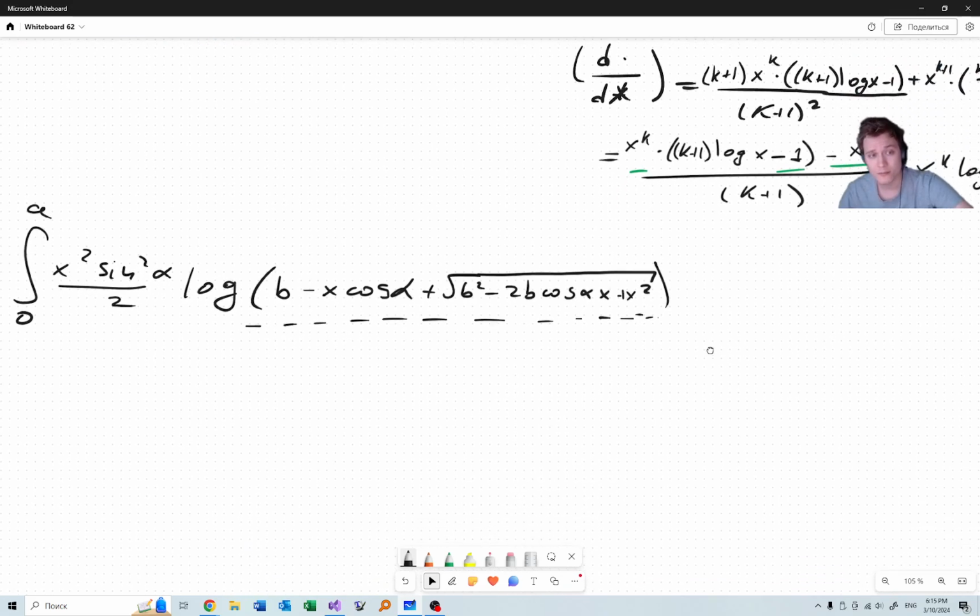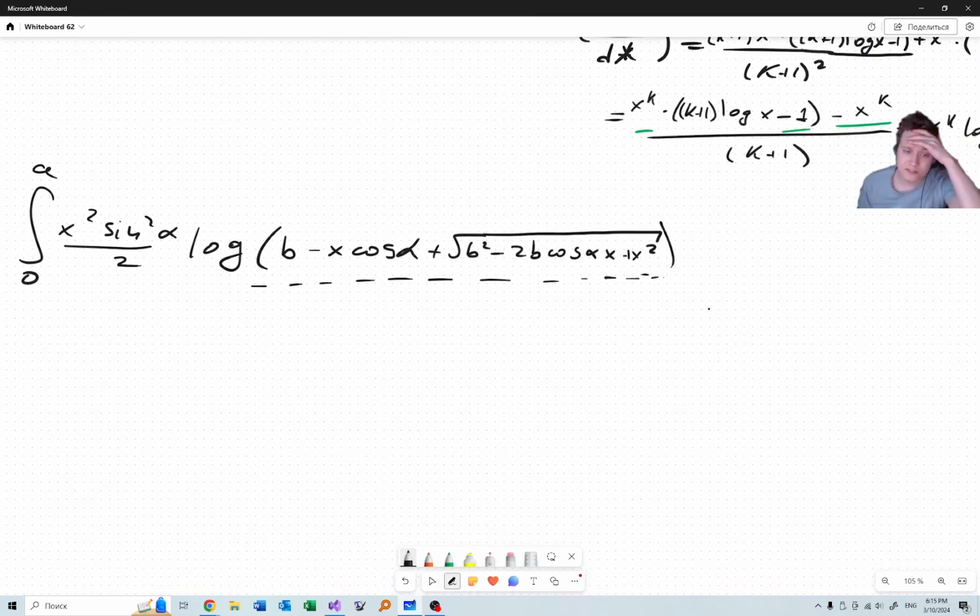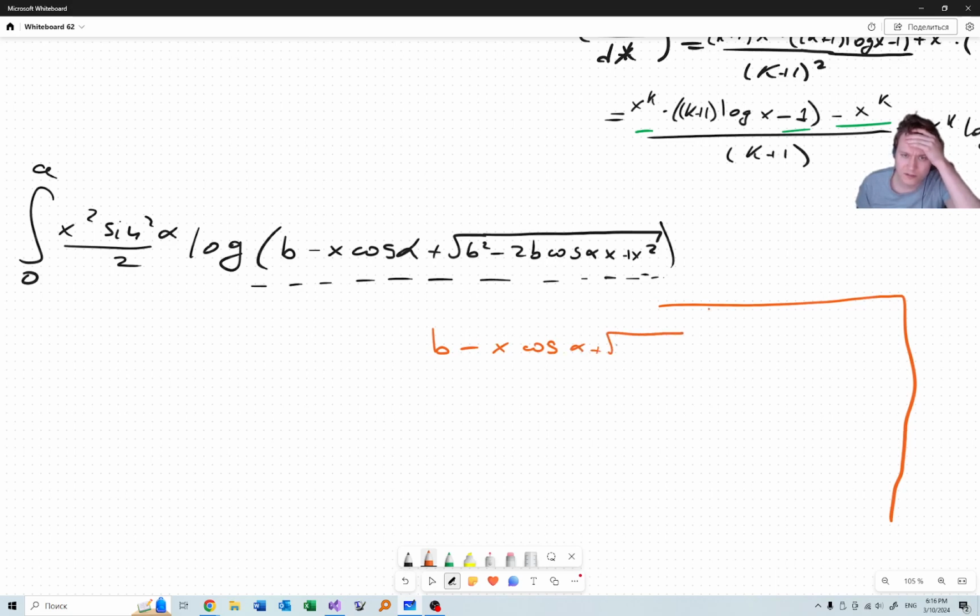Let's try, I think, because otherwise it's frustrating. Let's see. So we have b minus x cos alpha plus square root, which is someone's square.